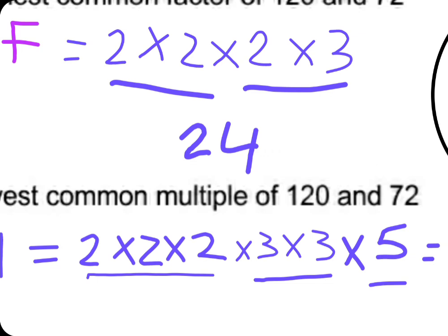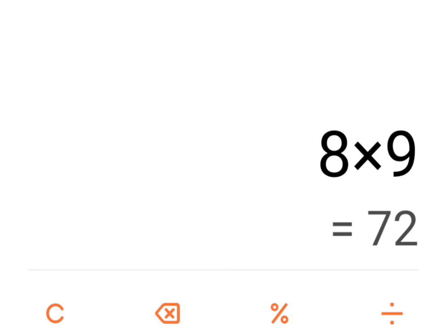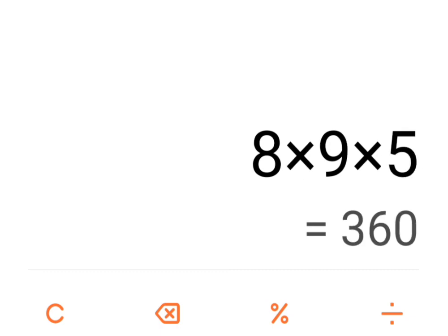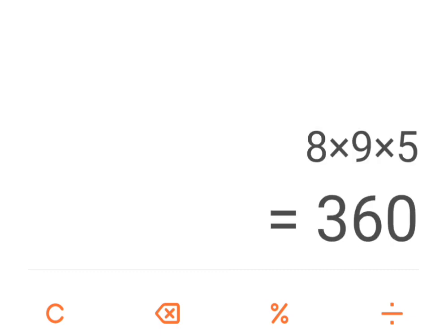So we're going to use the calculator to answer this. 8 times 9 times 5. Let's use the calculator and then come back. 8 times 9 times 5. So the answer is 360. Let's go back.